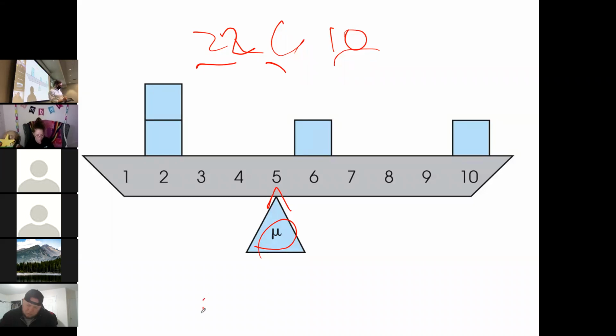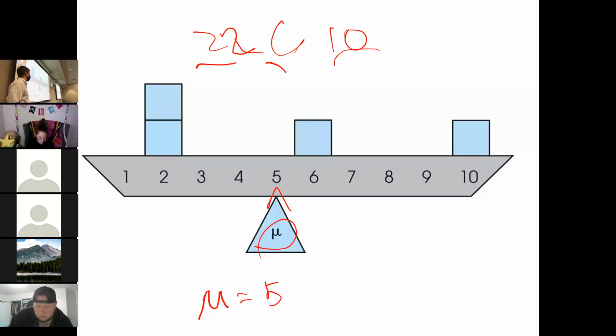So in this case, that just means the mean, the measure of central tendency, gives us 5. Questions so far?